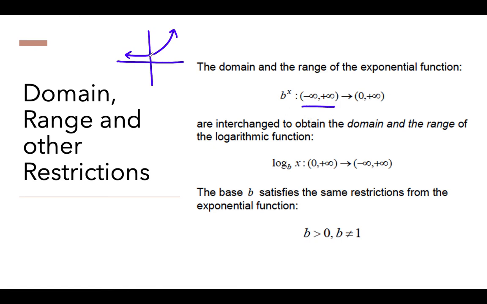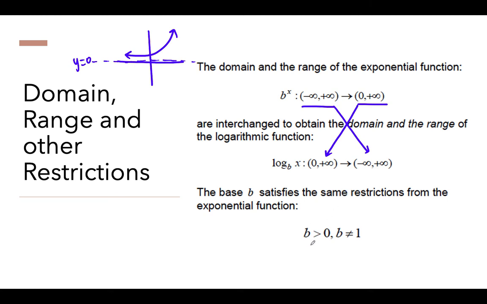But for range, it has to be greater than 0 because we have a horizontal asymptote at y is equal to 0. So 0 to positive infinity. So the domain and range for the logarithmic function is all you need to do is switch it. The domain for logarithmic becomes the range of exponential, and the range for logarithmic comes from the domain of exponential.